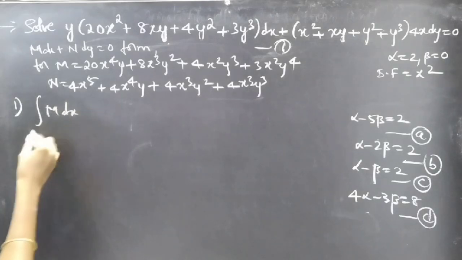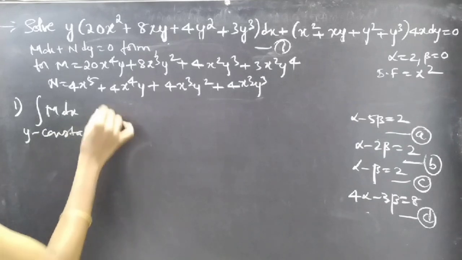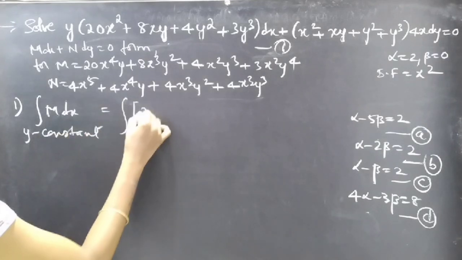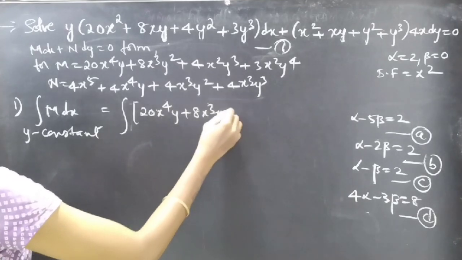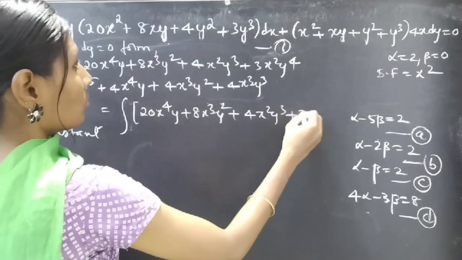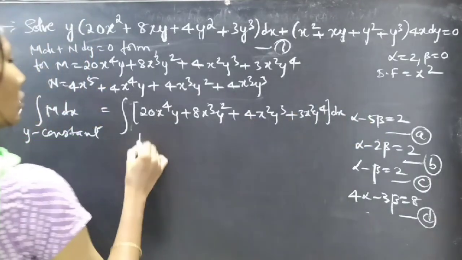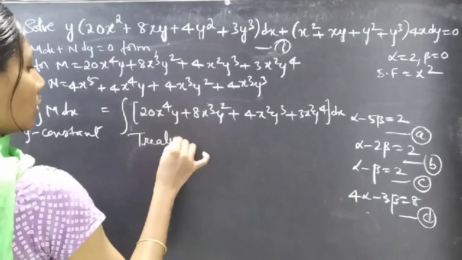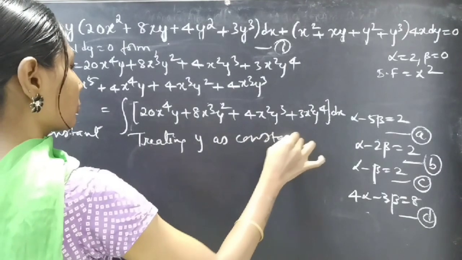Integral M dx treating y as constant equal to integral for M equal to 20x power 4 y plus 8x cube y square plus 4x square y cube plus 3x square y power 4 into dx. Here we'll treat y as constant.